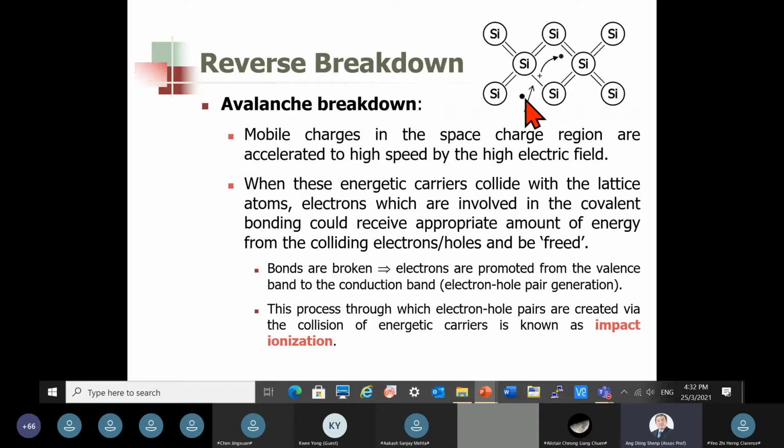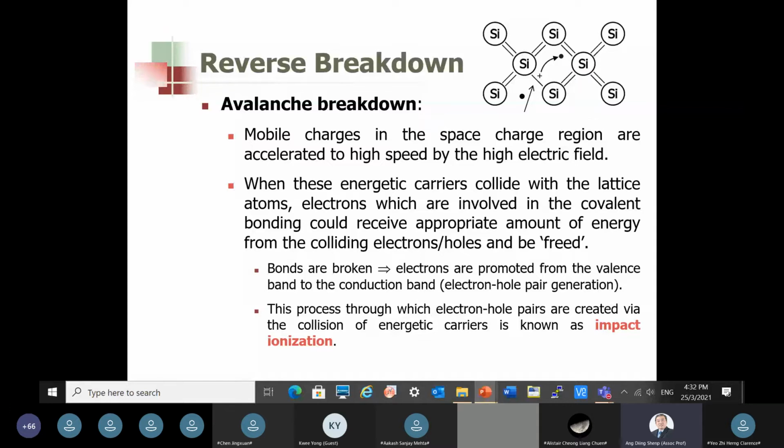So this excess kinetic energy of the energetic electron can be transferred to one of the electrons in the covalent bond here, thereby breaking the covalent bond. Or in other words, this electron can get excited to the conduction band of the semiconductor. Now, this process whereby an energetic carrier, electron or hole, creates additional electrons and holes within the semiconductor is called impact ionization.